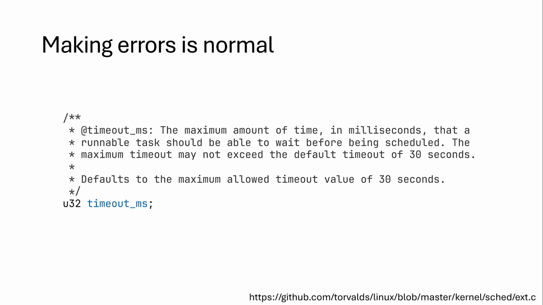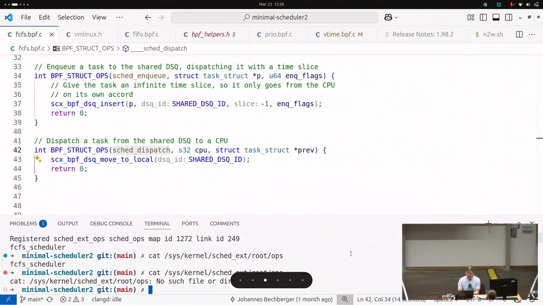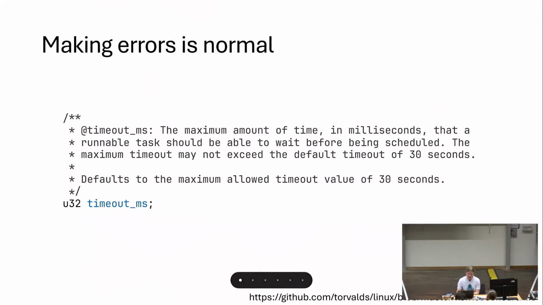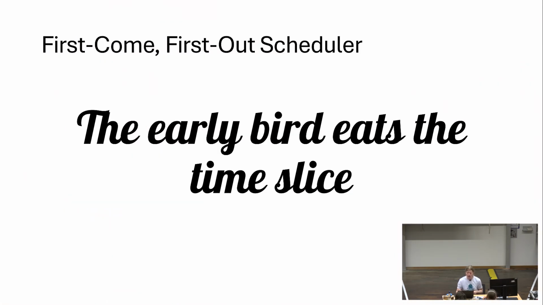And that's pretty cool because you saw we made a terrible mistake. We ran a scheduler that doesn't work. Our system is unresponsive for 30 seconds, and that's cool. And otherwise it works. So now let's go on to another scheduler.